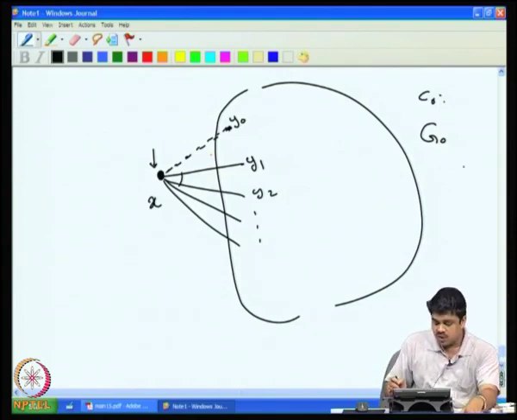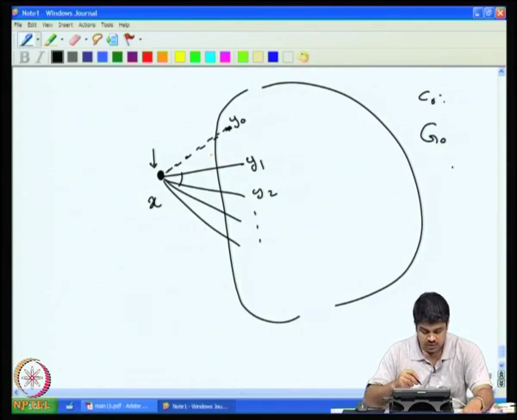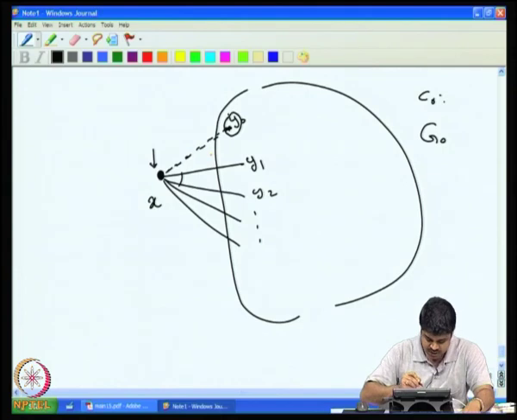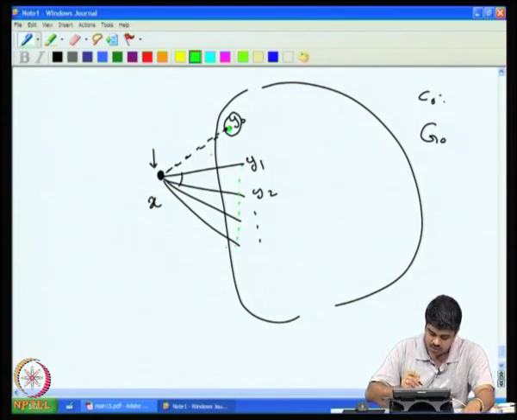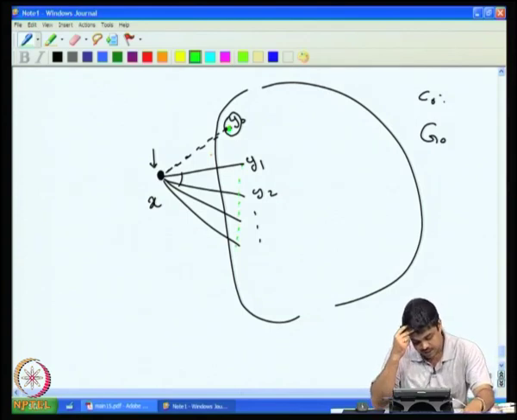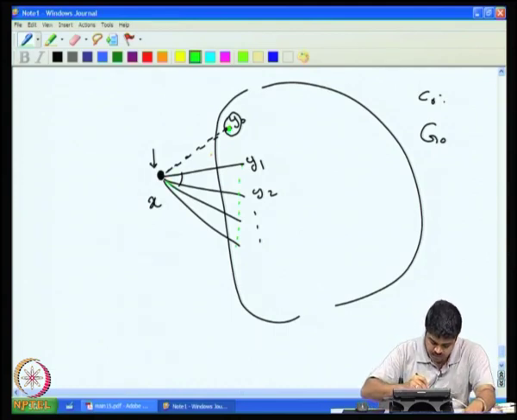Now what we can do is, we can see that here also there is a missing edge. Suppose green is missing here. Among all these edges, one of them may be green.